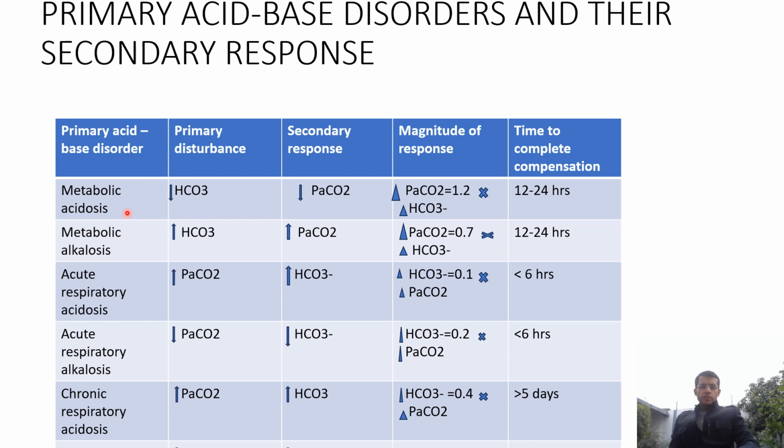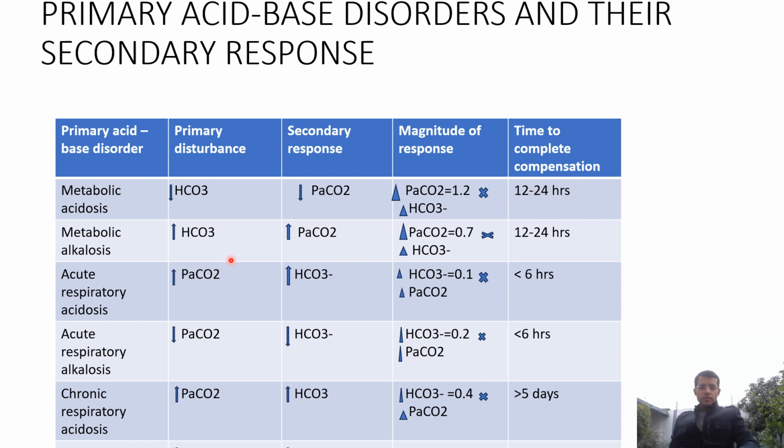Whenever we have a patient with metabolic acidosis, primary disturbance bicarb goes down, secondary response PaCO2 goes down, and what is the magnitude of response in metabolic acidosis? Delta PaCO2 is 1.2 multiplied by delta bicarbonate, and time to complete compensation is 12 to 24 hours.